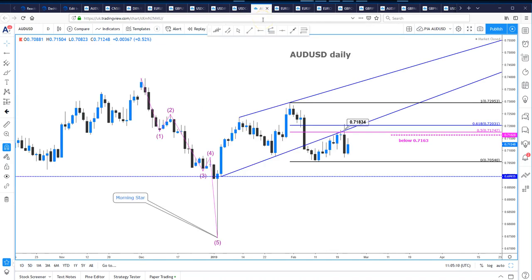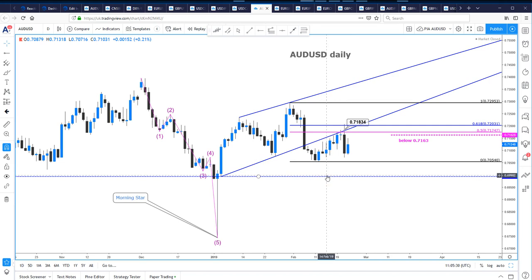Aussie dollar, and again, wedge breakout. This is highlighting stronger US dollars, not Aussie dollars. We've posted a bearish outside day, posted an inside day on Friday.